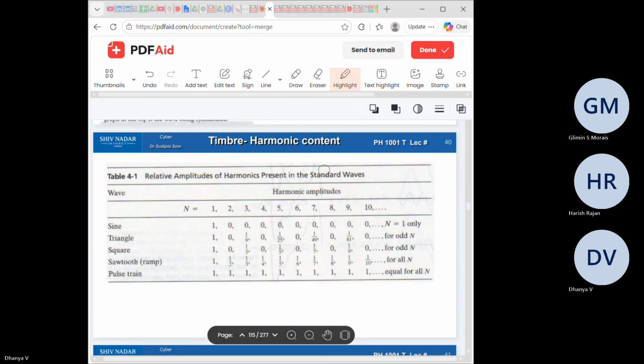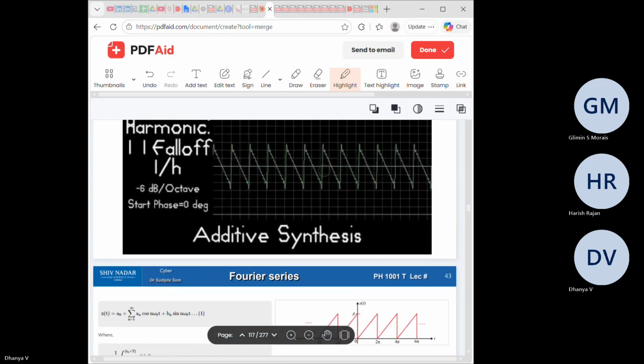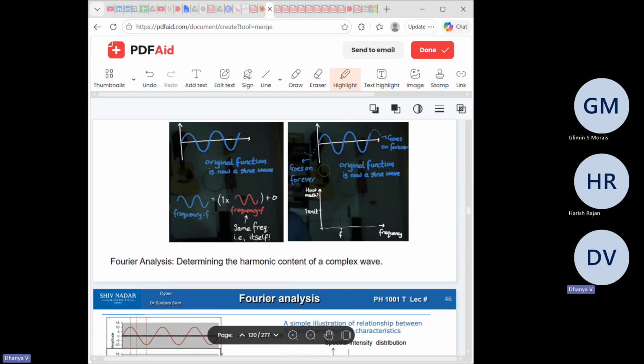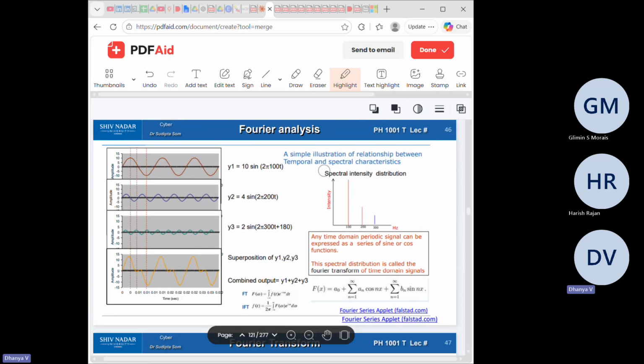As I said before, to get a better visual representation: this is your Y1, your sine wave, Y2, Y3, all of this, just superposing it, and then you get your final output.